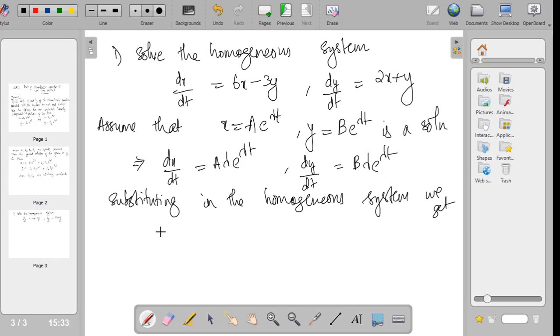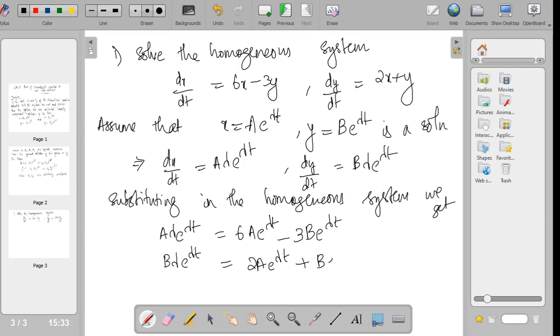a lambda e raised to lambda t equal to 6a e raised to lambda t minus 3b e raised to lambda t, and the second equation is b lambda e raised to lambda t equal to 2a e raised to lambda t plus b e raised to lambda t. Now e raised to lambda t will cancel off on both sides.